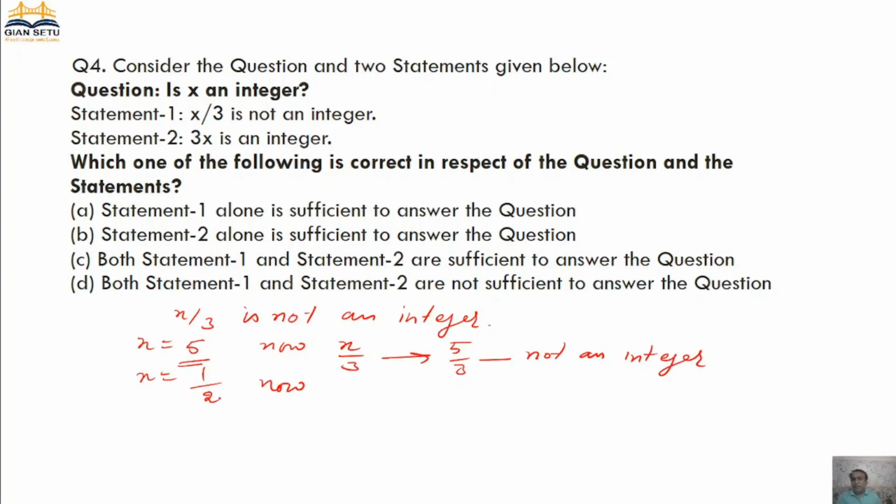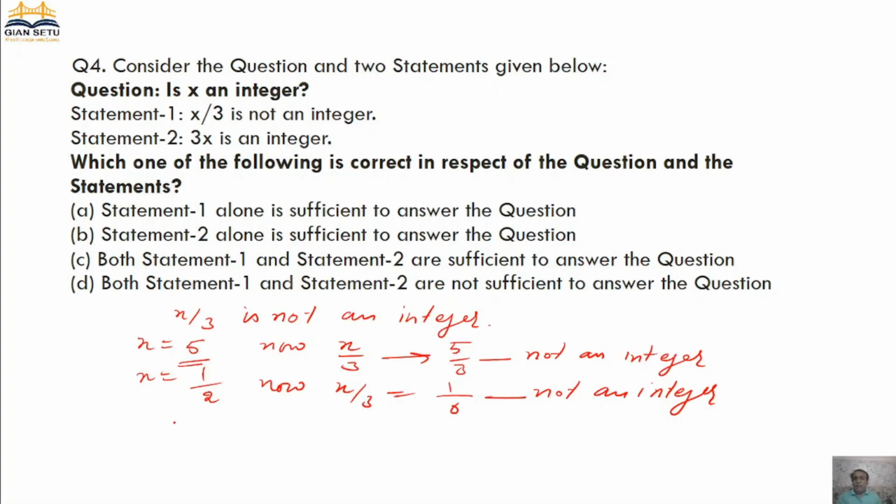Here x is equal to 1 by 2, not an integer. Now x by 3 will be 1 by 6, not an integer, right? So we cannot say with certainty that when x divided by 3 gives a non-integer value, then x is an integer.